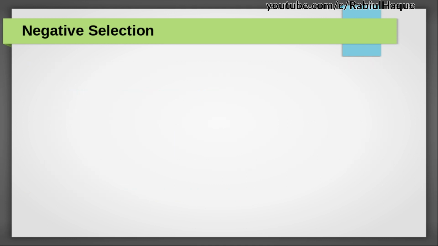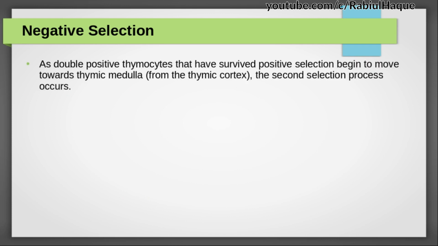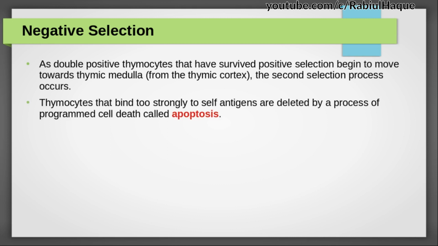What do we mean by negative selection? As double positive thymocytes that have survived positive selection begin to move towards the thymic medulla from the thymic cortex, the second selection process will occur. Thymocytes that bind too strongly to self-antigens are deleted by a process of programmed cell death called apoptosis. Now, I have an entire lecture on apoptosis, so you can also look into that lecture after finishing this lecture to know more about apoptosis.